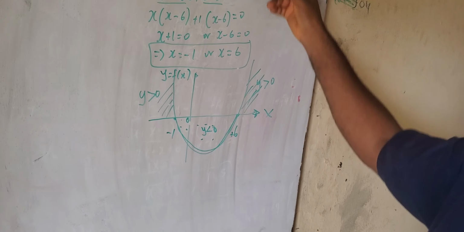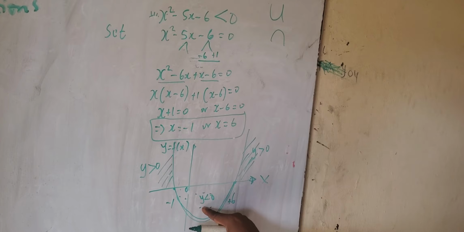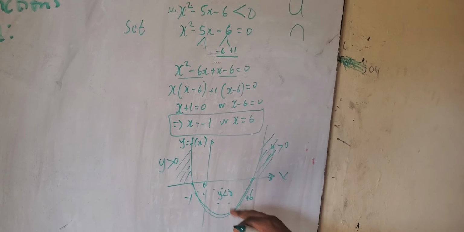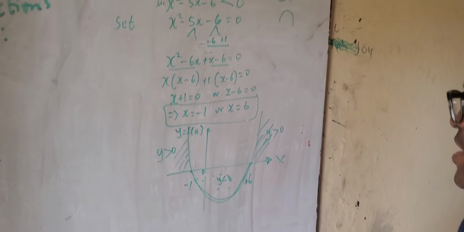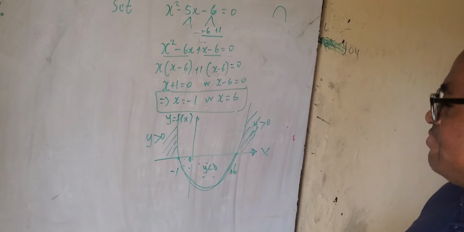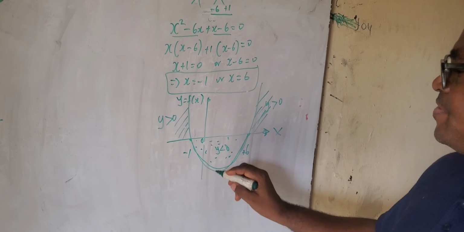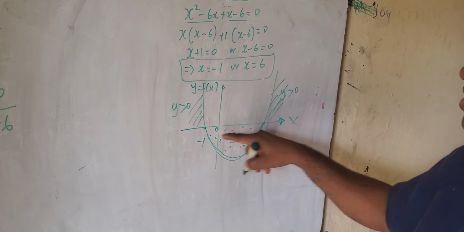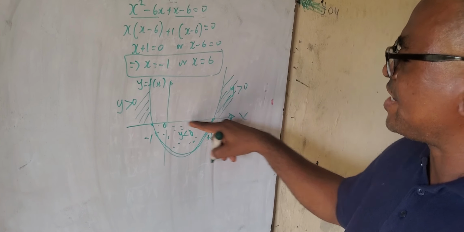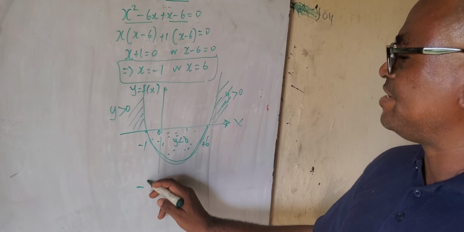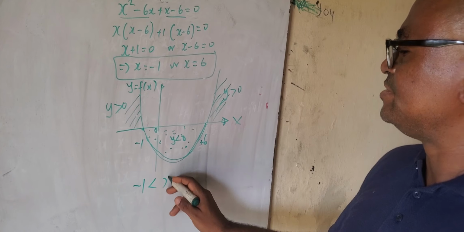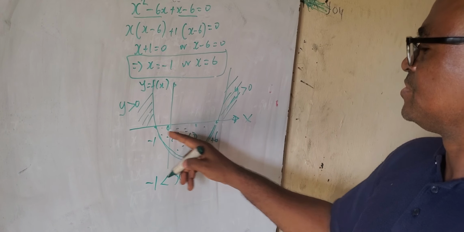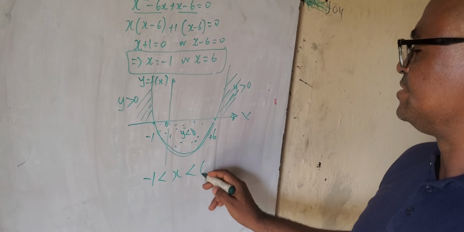Since our question is dealing with less than, that means we are taking the range of values of the domain x within this region shaded here, and they are bounded by minus 1 less than x, less than 6.